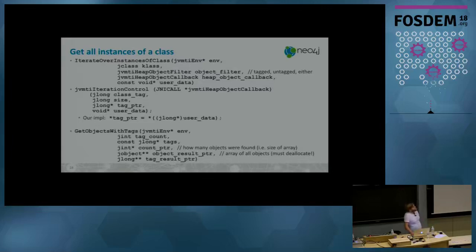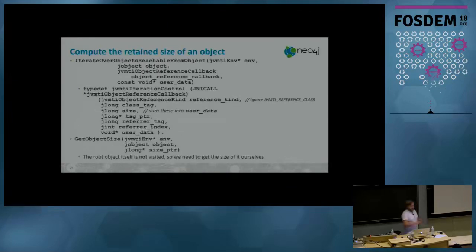We can do even more powerful things that are similar to what the getObjectSize did in the instrumentation API by getting the retained size of an object. So the size of an object and all of the objects that it references, by iterating using the iterate over objects reachable from object method, which does what it says on the tin. It iterates over all objects reachable from a given object.